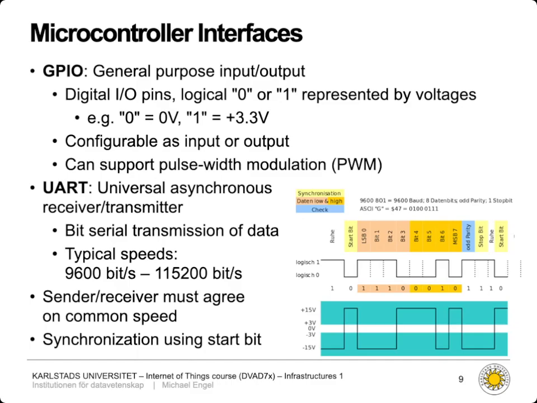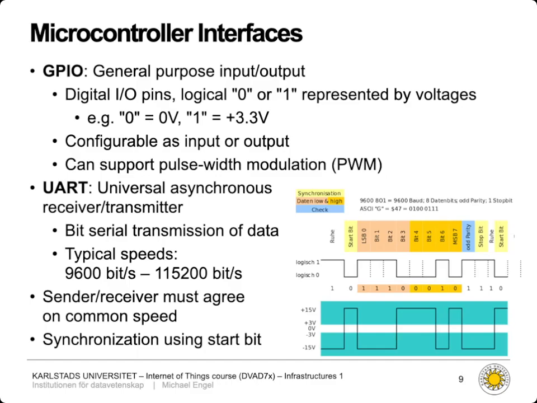Nevertheless, obviously, sender and receiver have to agree upon how long in time a bit is on the line. So they agree on a common speed. You have to configure sender and receiver to the same baud rate, as we call it. The typical speeds are between 9,600 bits per second and maybe 115,200. There are also UARTs going into the megabits nowadays.